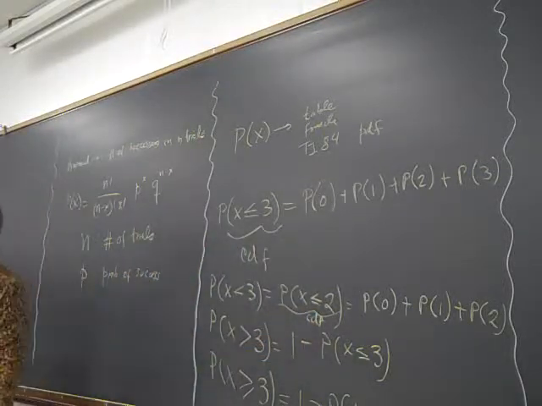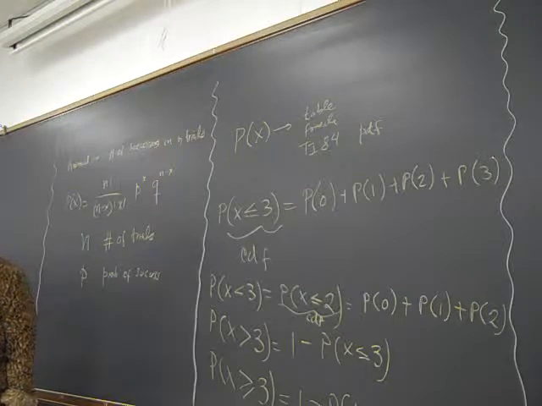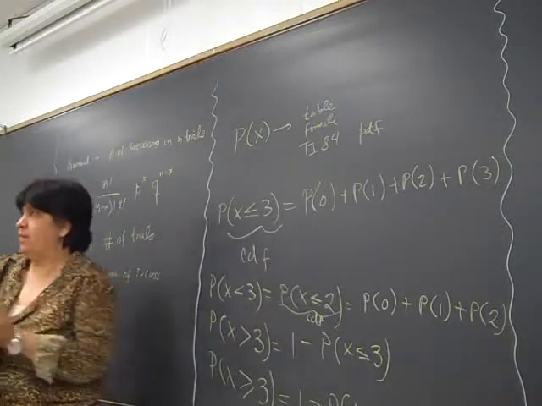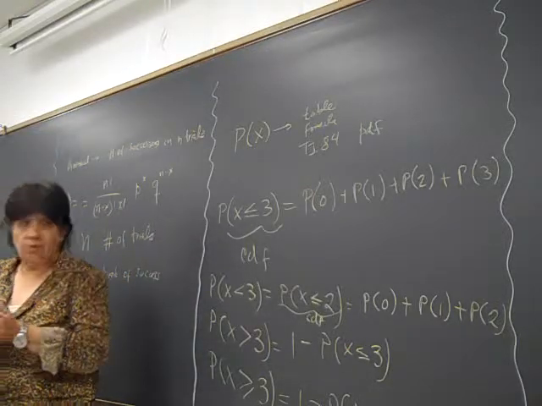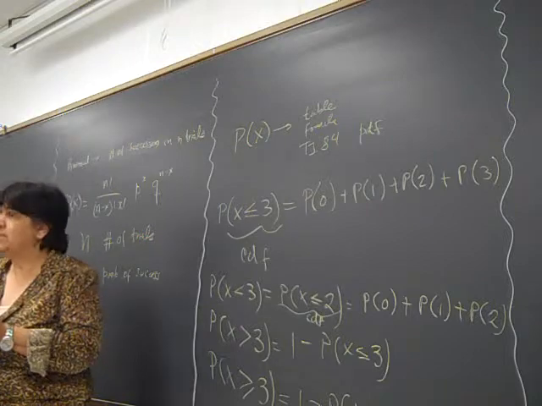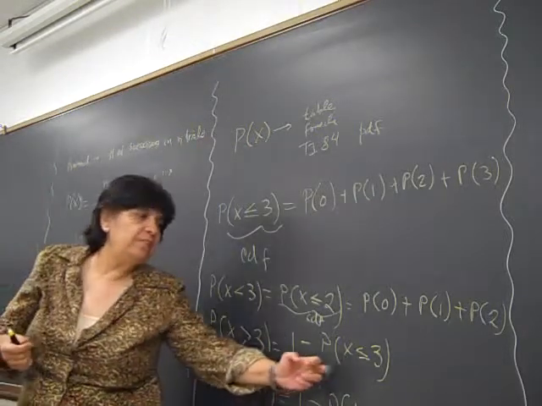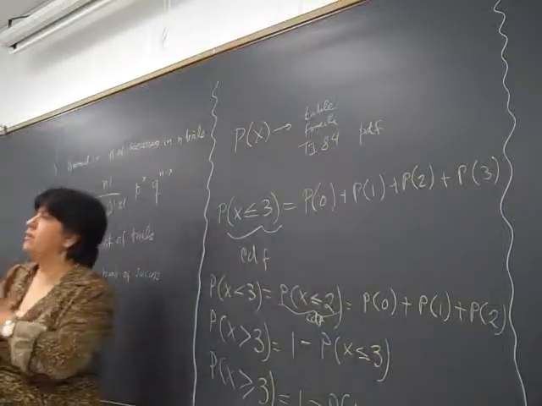The 2 is in the calculator. When we want to know the probability that x is greater than 3, okay? Since the 3 is not included, I need to do the complement including the 3, the 1 minus.